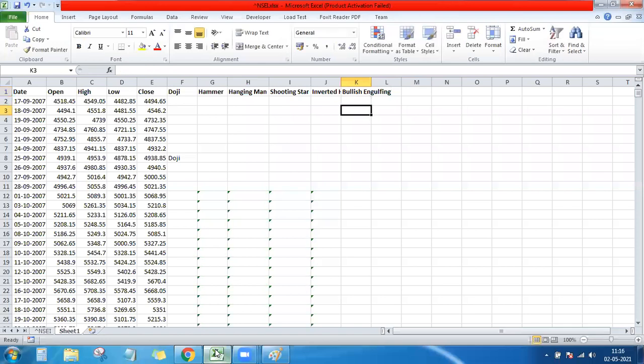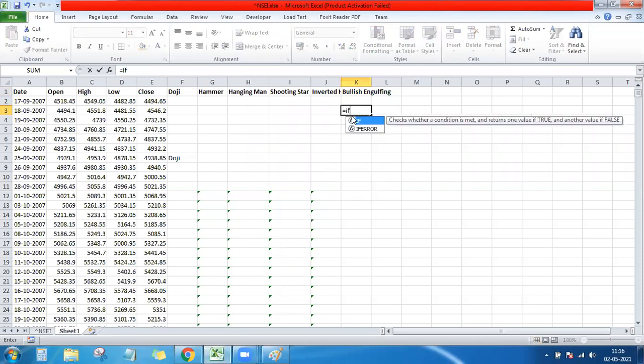So now you need only two candlesticks at a time. So we'll start with the second observation only. If and then and. If it is true, print bullish engulfing. Otherwise print nothing. So within this and you have four conditions. One is second candle should be green. So current closing price should be greater than the current opening price.